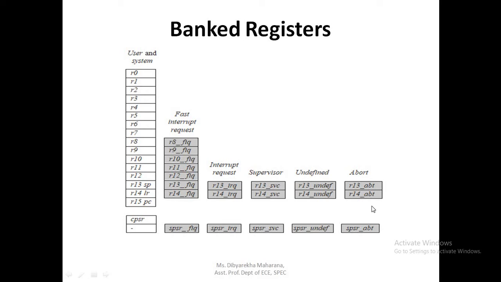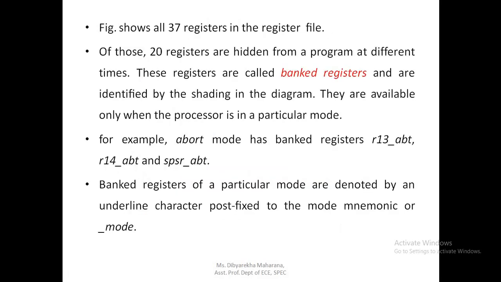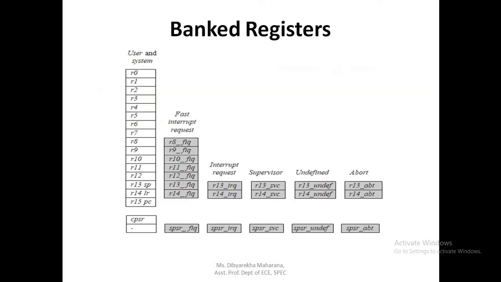Now I will discuss the banked registers in detail. The figure shows all 37 registers in the register file. Of these, 20 registers are hidden from a program at different times. These registers are called banked registers and are identified by the shading in the diagram. Here you can see the shading. Here are 20 registers.